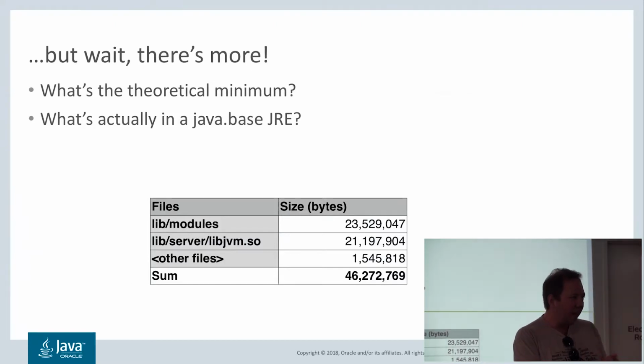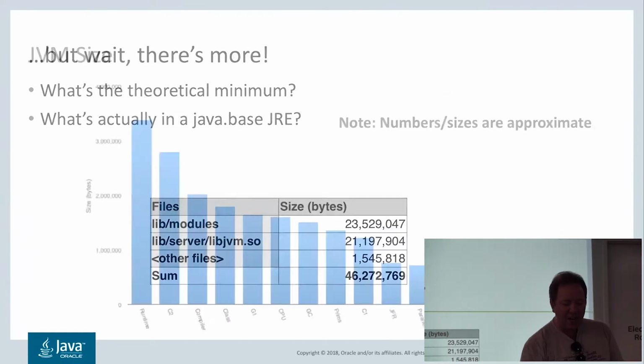It's the Java classes, or more specifically, the java.base module, and it's the libjvm that I love to work on. So we've optimized the modules part. Now maybe we can do something with the JVM. So 21 megs of JVM is still pretty big.